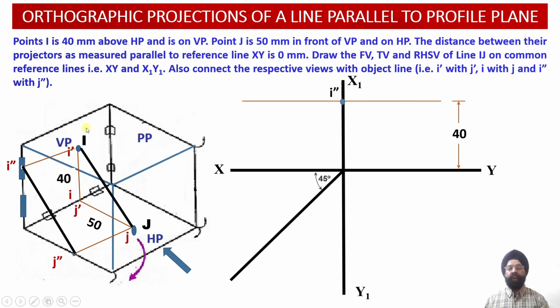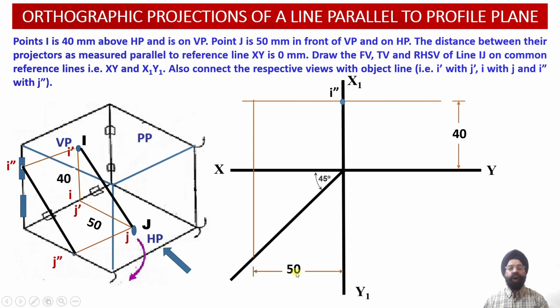Similarly, when we look at this line IJ from the right side, point J will be projected on the XY reference line at a distance of 50 millimeter from the vertical plane. So 50 millimeter from the vertical plane will be located over here. This distance of 50 millimeter in front of the vertical plane, you can check, we have plotted over here.